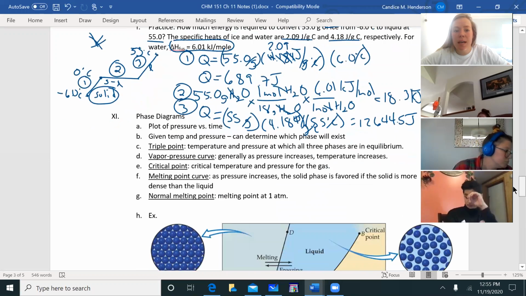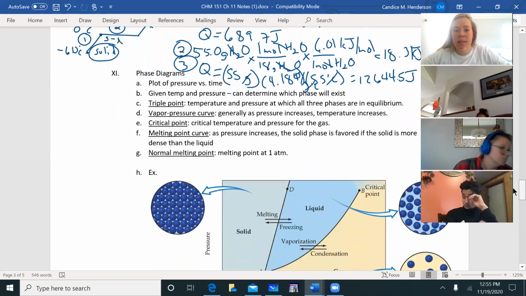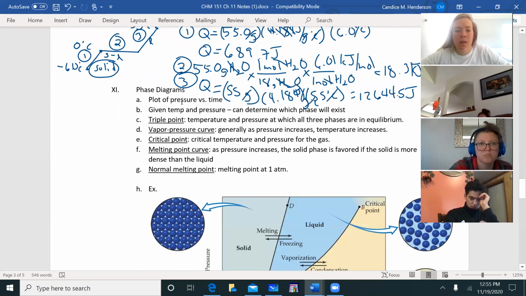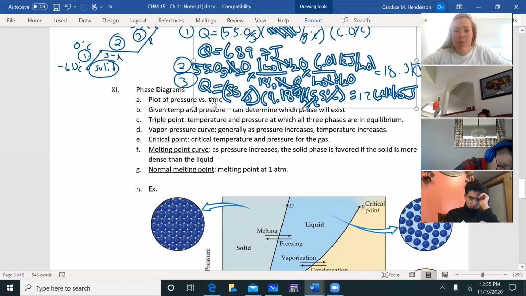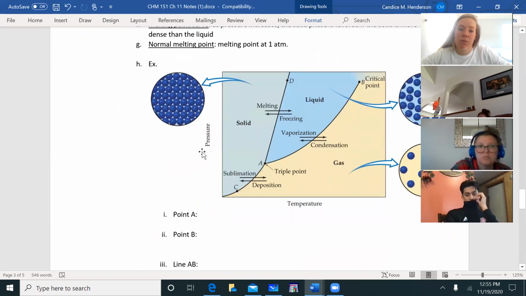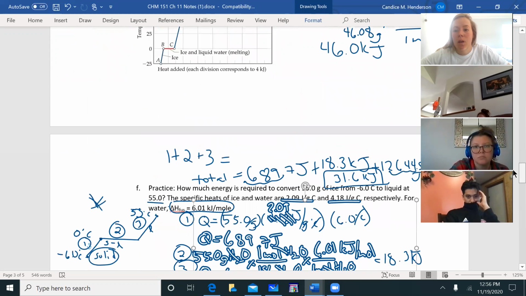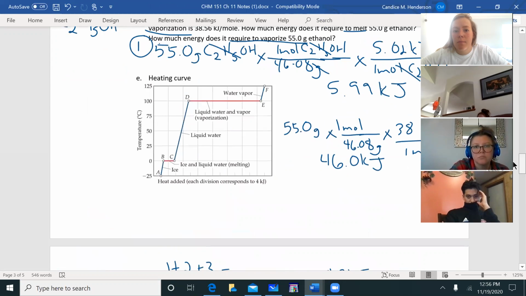A phase diagram is going to plot pressure versus, this is not pressure versus time, it's pressure versus temperature, okay? So we're looking at a relationship between pressure and temperature, whereas in a heating curve, your possibility for numbers is just on this line here, right?